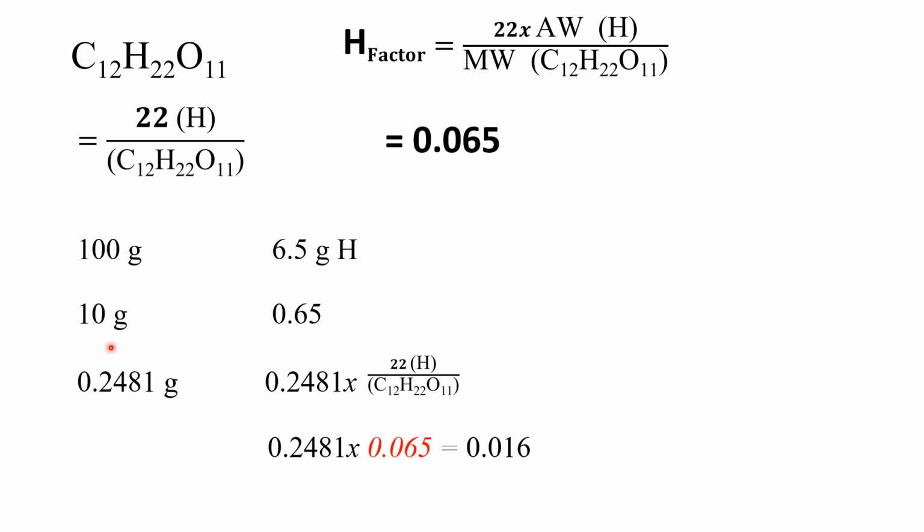If you have 10 grams of sucrose, meron kang 0.65 grams na hydrogen. And if you have 0.2481 grams of sucrose, paano mo malalaman yung hydrogen? You have to use the gravimetric factor. So, using the gravimetric factor, you will have 0.016 grams of hydrogen.